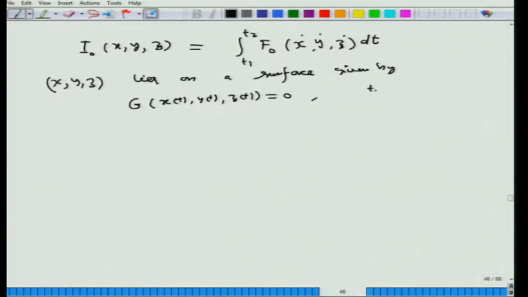Here t 1 less than or equal to t less than or equal to t 2.